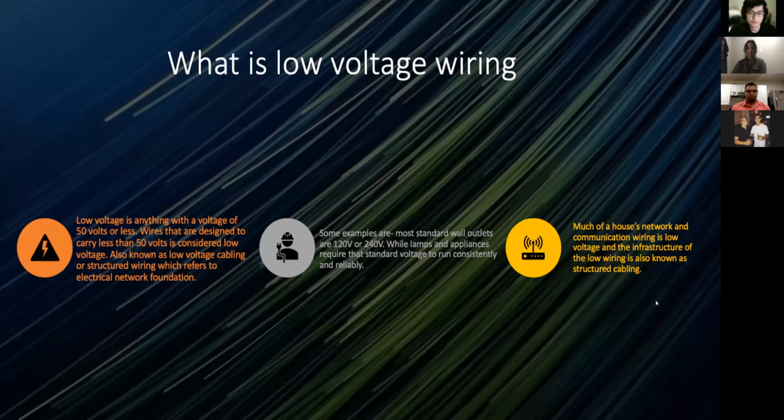What is a low voltage wire system? Low voltage is basically anything under 50 volts or less. Some examples are your network security systems and cabling.